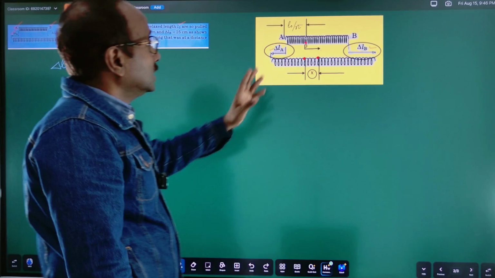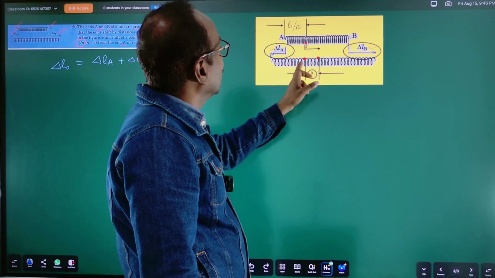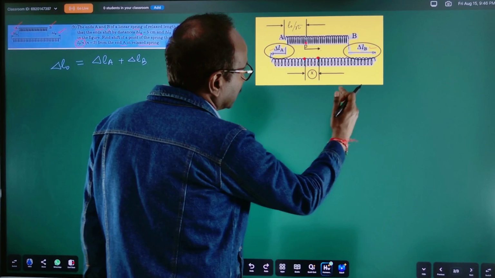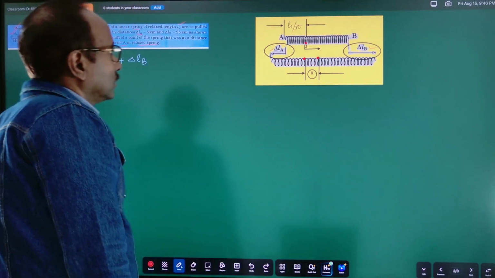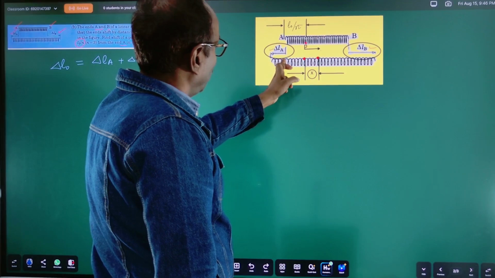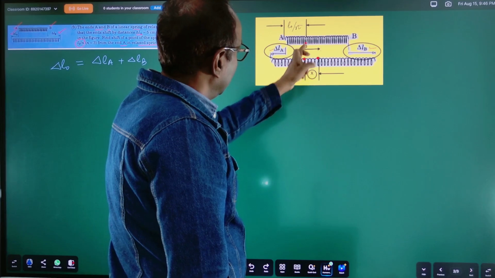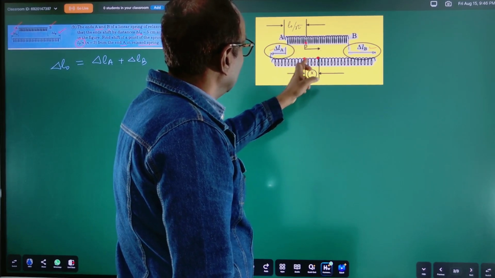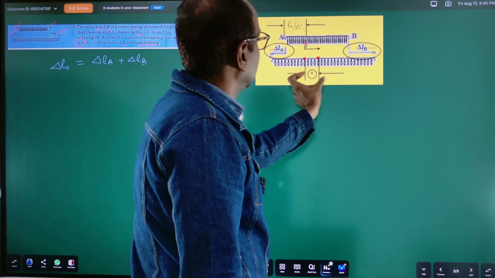In this process, say this point P has shifted a distance x towards the right overall, from the point of reference of A. Initially, when it was unstressed, it was there. Now from A, it has gone to this point, and x is the rightward shift.